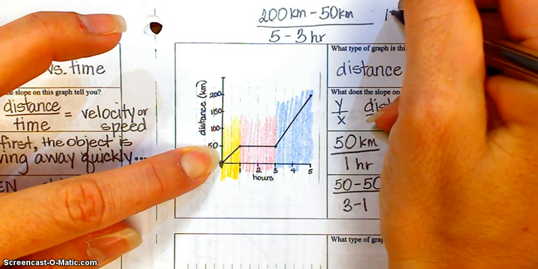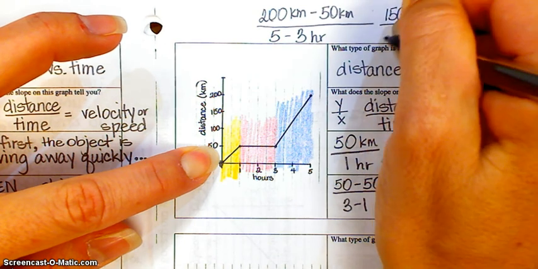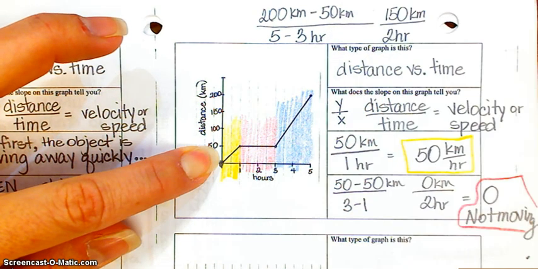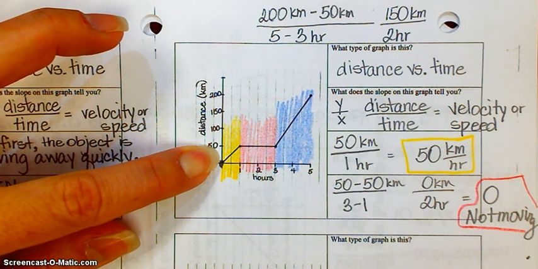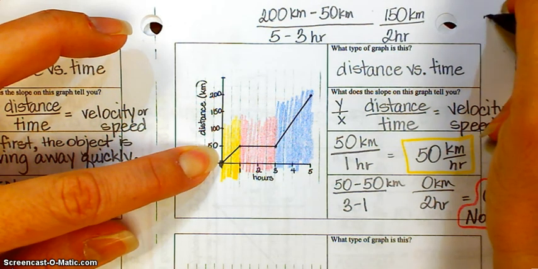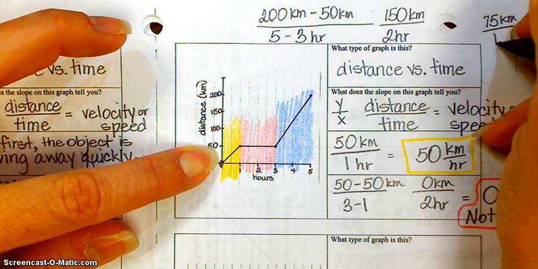So that's 150 kilometers divided by 2 hours. Is everybody okay with that? And what's 150 divided by 2? 75. 75 kilometers per hour.